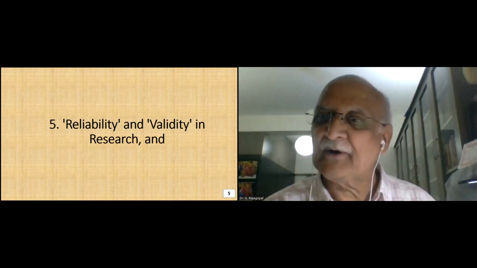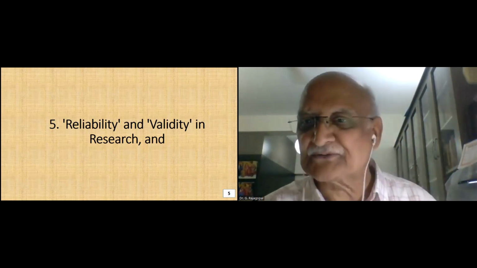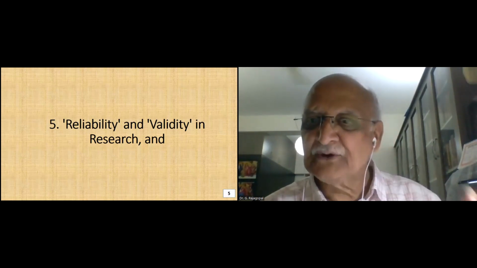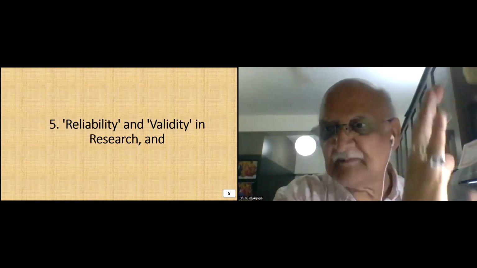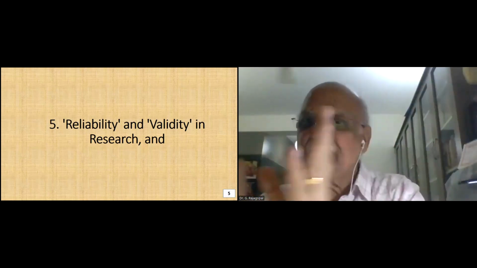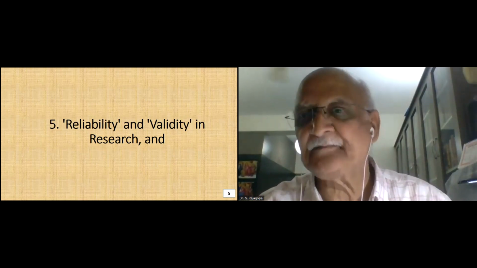Somebody has worked on developing spoken English in the coastal area of Andhra Pradesh using a certain material. Now, you take that material, that procedure, and do it with, let's say, the interior farmers in Guntur district.